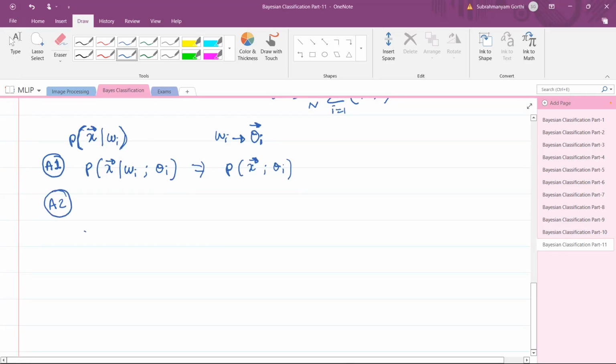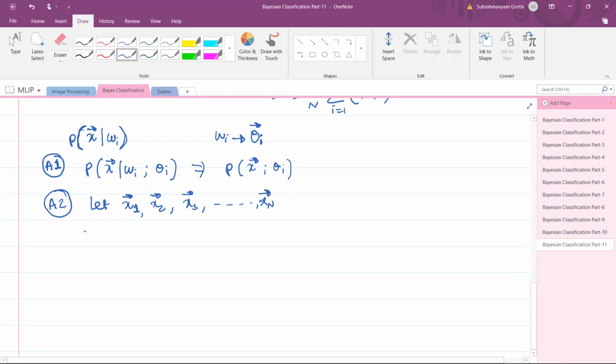Second assumption: let's say x1 bar, from this I am drawing different samples, x3 bar and so on. Let's say this class has n samples, so I would write this as xn bar.